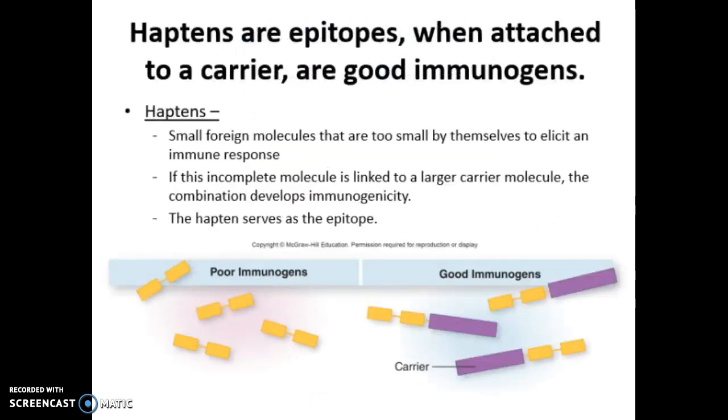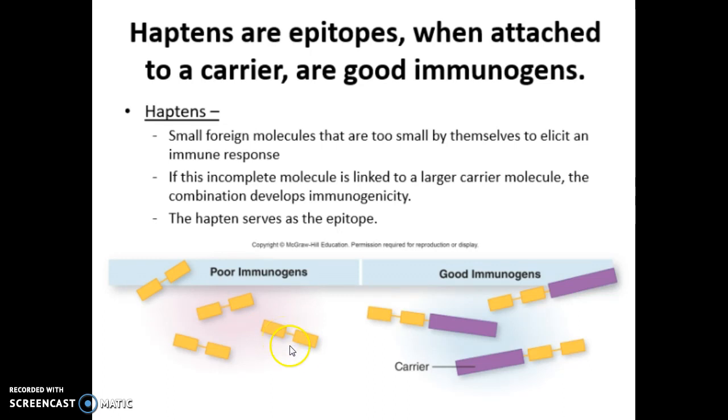All right, now another word for epitope is a hapten, but the hapten in and of itself is not a good immunogen. All right, so the haptens are going to be epitopes that are small, and you've got just 2 pieces here in this yellow color. That's a poor antigen.